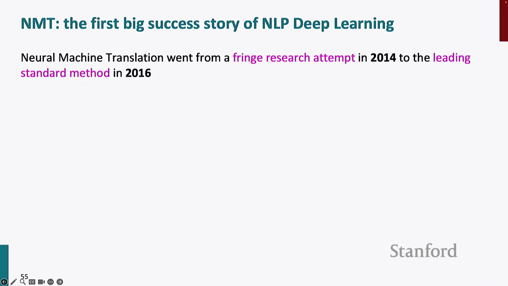In my 2 minutes remaining, I just want to sort of quickly say, so building these neural machine translation systems was really the first big success of natural language processing deep learning.